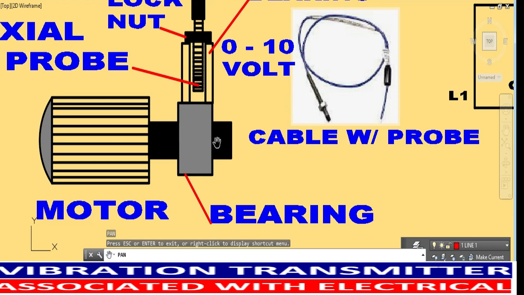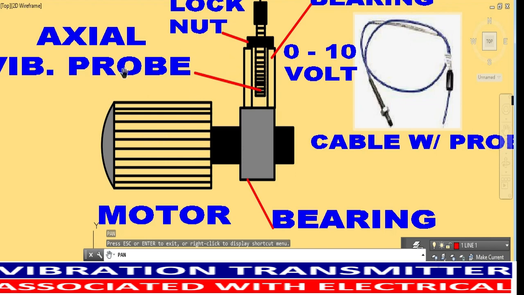Once the vibration of the rotor or shafting of this motor is high, the winding temperature will be high also. So there is a tendency to damage the motor winding, because high vibration will cause high temperature until the winding is burned. That's why this motor is protected by the vibration probe.